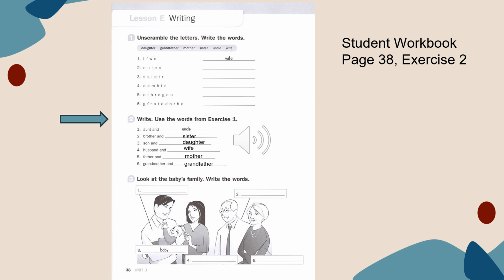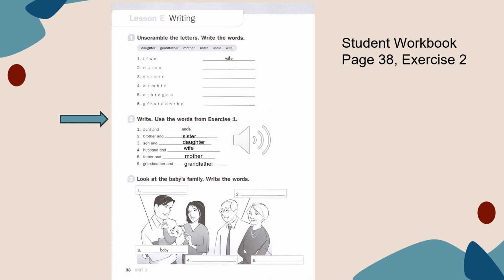Okay, again, the answers for exercise 2: aunt and uncle. Aunt is the feminine, uncle is the masculine. Brother and sister. You can be a brother if you're a boy, but you're a sister if you're a girl.